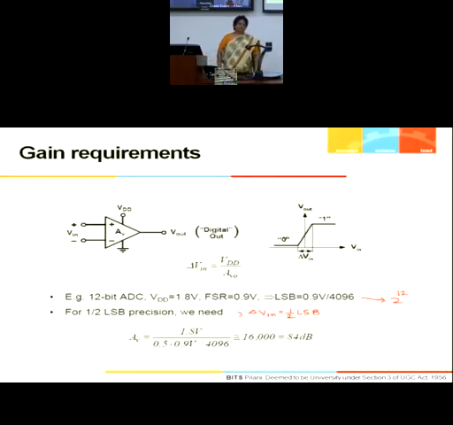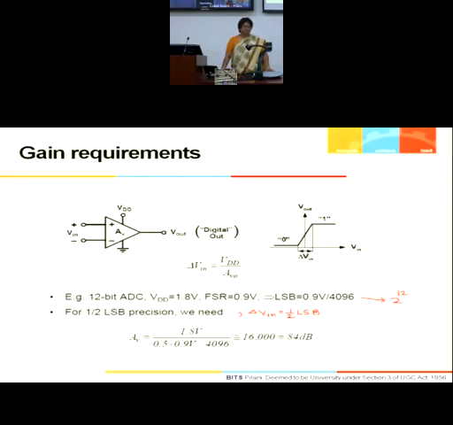If I give a total response time as 5 tau, so this 5 tau must be 1 nanosecond, means tau must be 0.2 nanoseconds. So tau is inverse of 3 dB. So how much should be your 3 dB frequency? How much hertz? Loudly. 5 gigahertz. So accordingly I can get the bandwidth also.